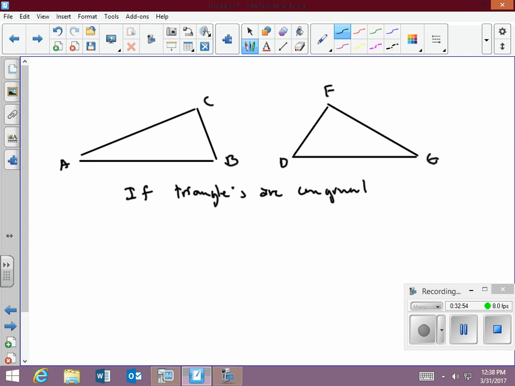If they were congruent by just visual, you would say this side and this side are congruent, this side and this side are congruent, and this side and this side are congruent. And then the points, the A corresponds to the E, right? And the B would correspond to the D, and C would correspond to the F.